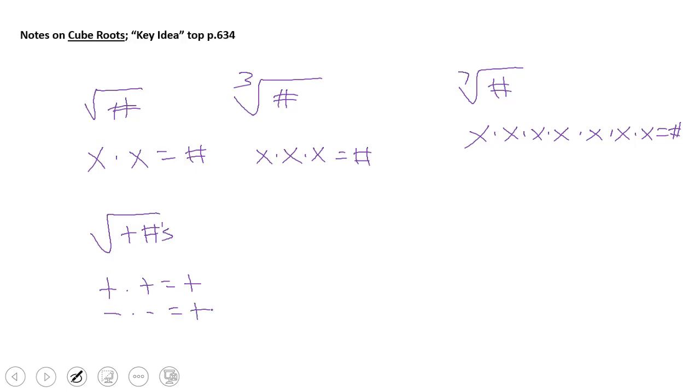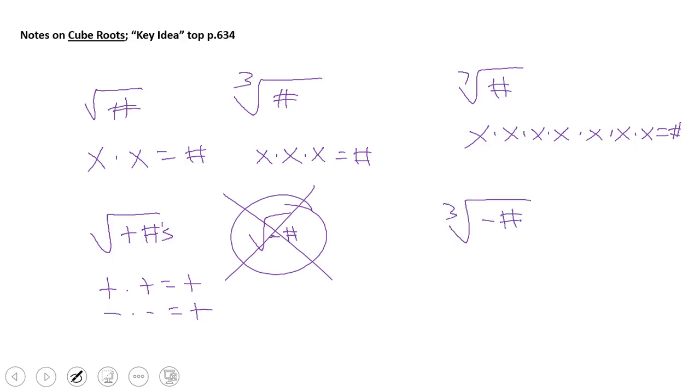So there is no possible way that we can have the square root of a negative number. This does not exist. However, we can have the cube root of a negative number, because a negative times a negative times a negative does equal a negative. So we have to understand that those are important things going down the road.